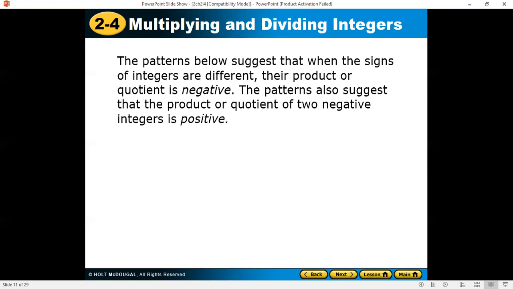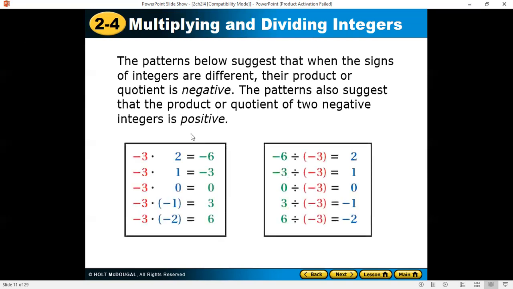When we have different signs, the answer will be negative. But the pattern also suggests that the product or quotient of two negative integers is positive. So whether both are negative or both are positive, you will find a positive answer. But if they are different, you will find a negative answer.